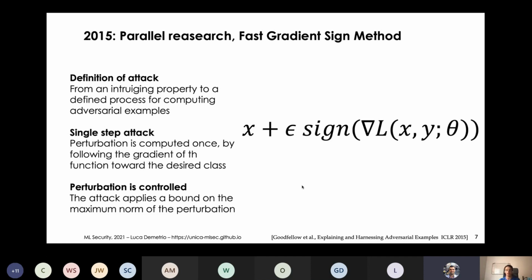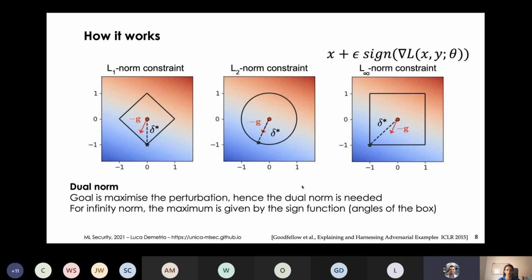To explain this, we need to understand how norms work. I think you might be familiar with norms, so this is just going to be a super brief recap to understand how these things work in the context of adversarial attacks. For instance, the L1 norm is like a box, if you think about it, with 1 and -1 on all of the edges.